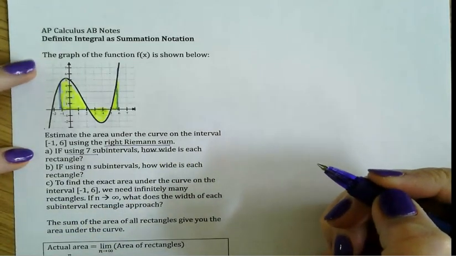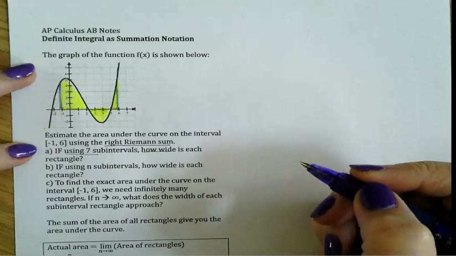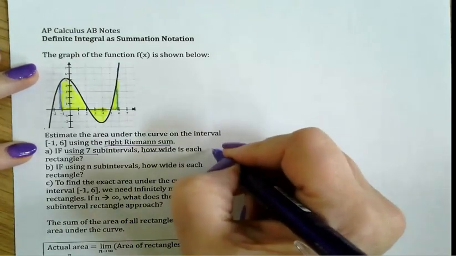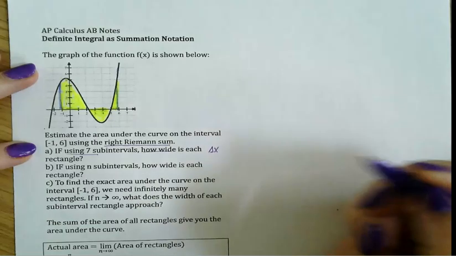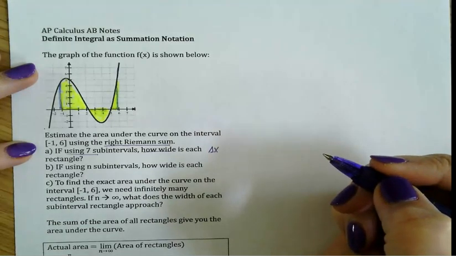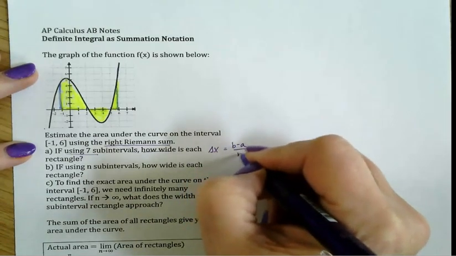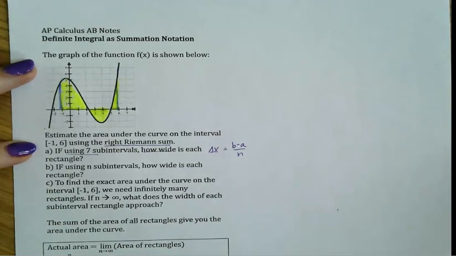Do you remember from previous lessons how we could find the width of a rectangle in Riemann sum? Hopefully you remember delta x, and that delta x was b minus a over n: the upper bound minus the lower bound over the number of rectangles.